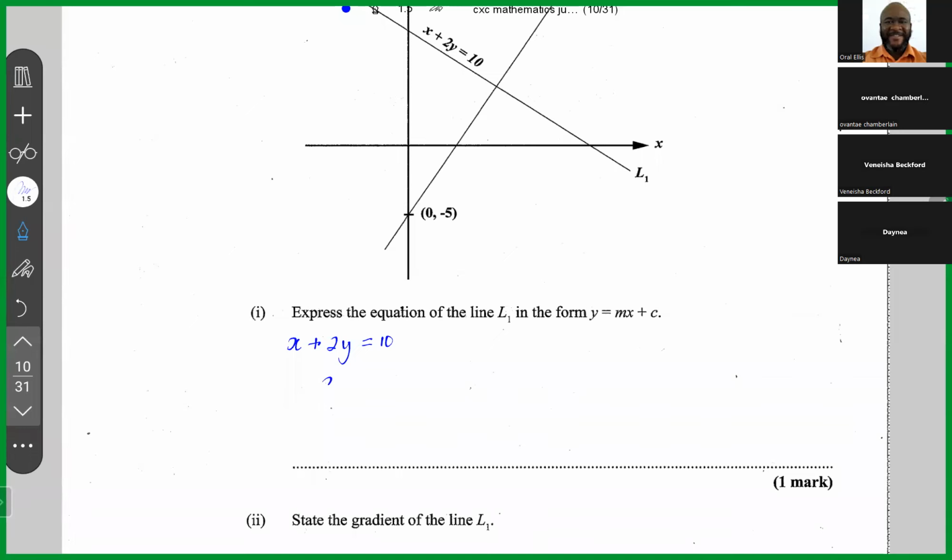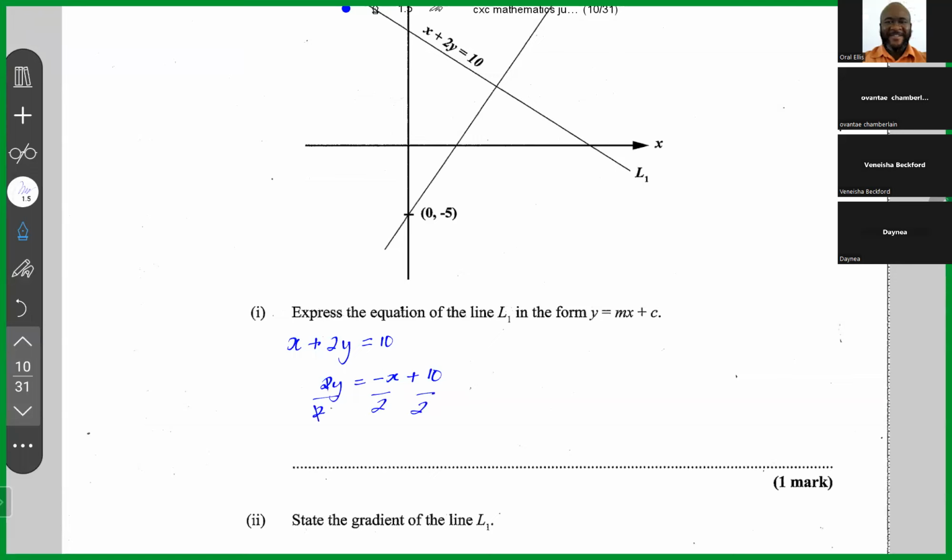So we have 2y is equal to minus x plus 10. Positive x on the left goes over to the right and becomes negative. Remember, I need y alone by itself, so I'm going to divide the entire equation by 2.